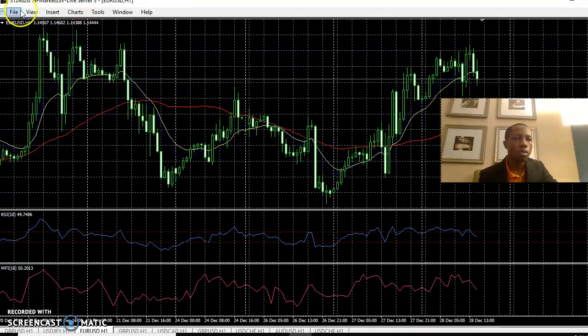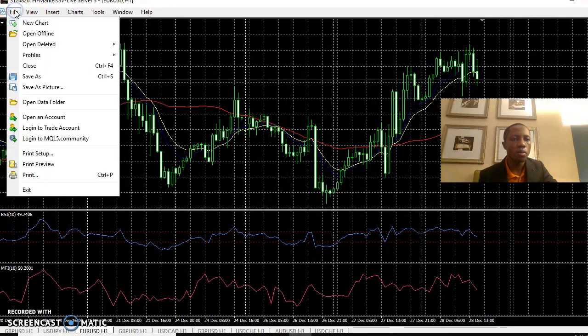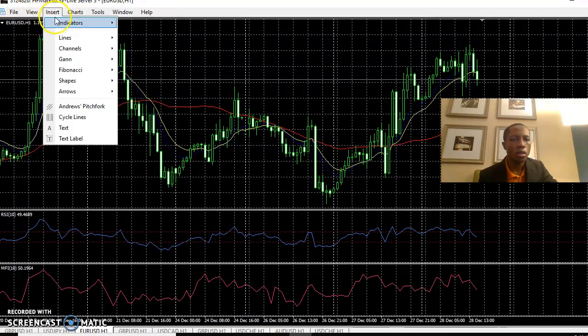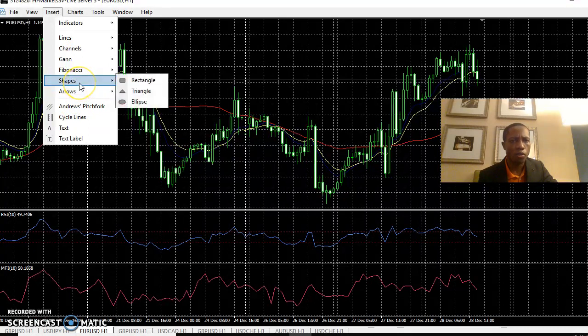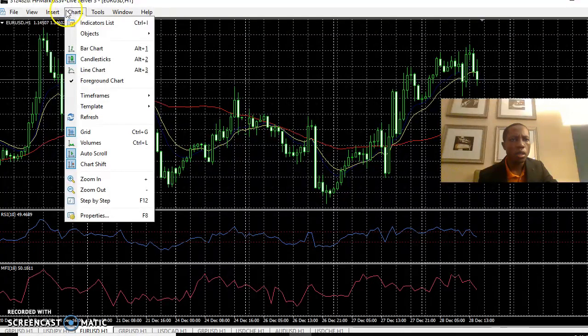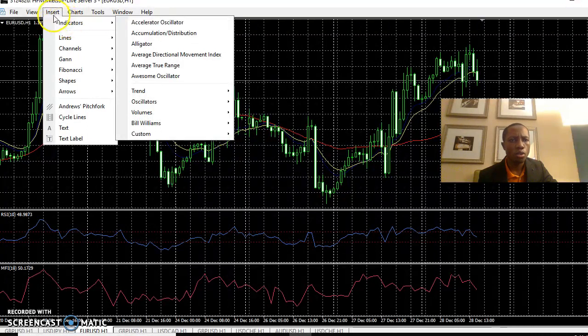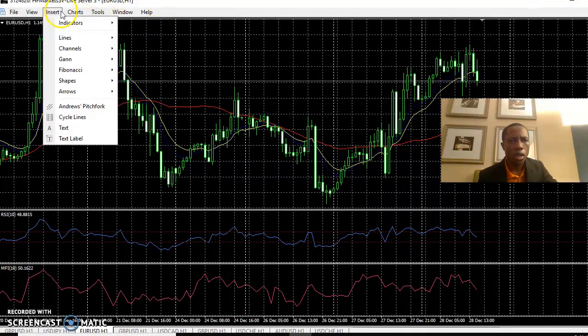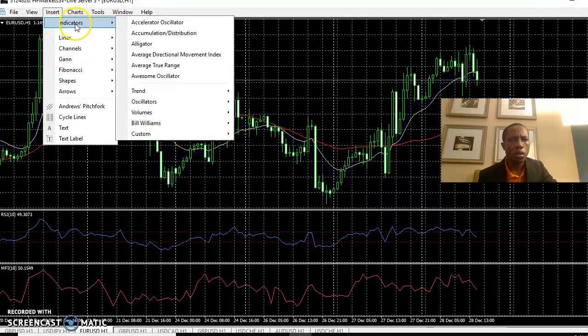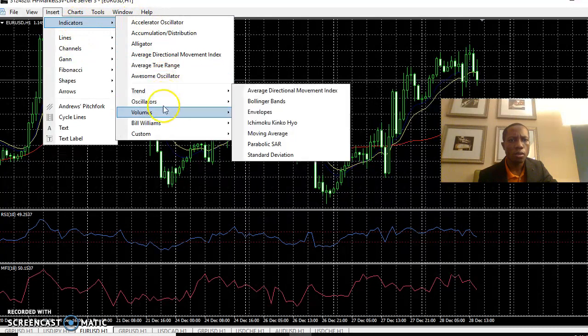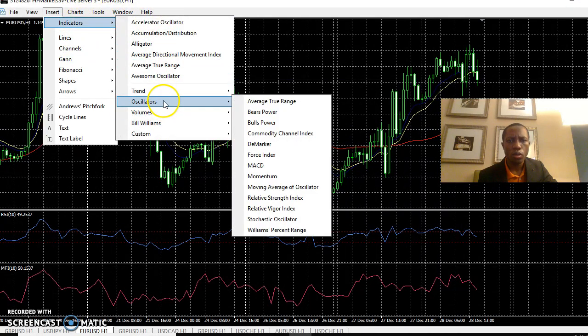Now let me input another parameter, which is called the MACD parameter. This is the last parameter it is expected of you to have. Okay, you go to Insert, come to indicator, come straight down to where you have MACD.